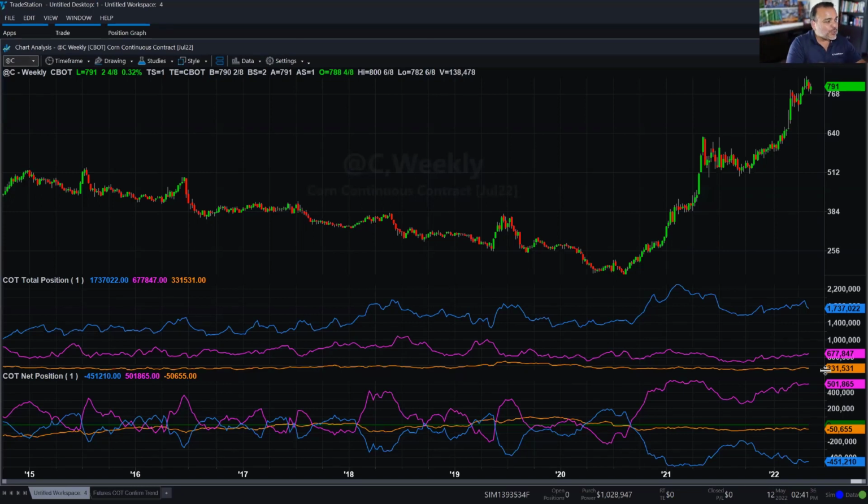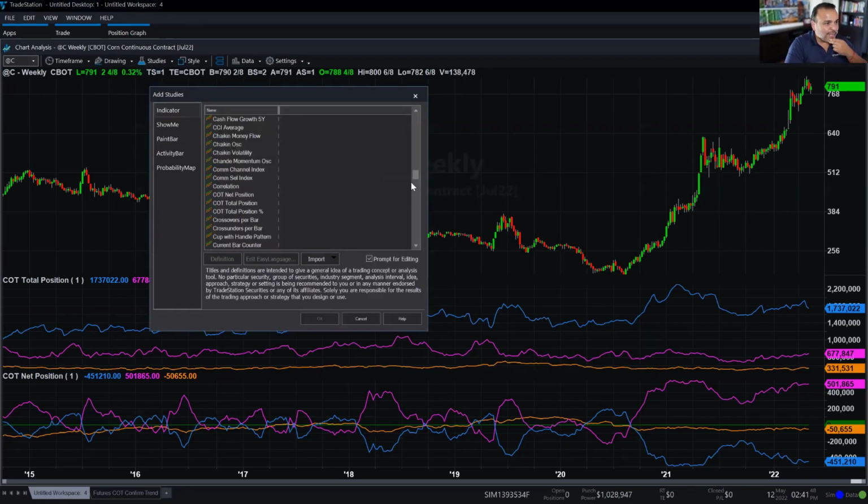That's why in the suite of studies that I shared with everyone here, there is an indicator that calculates this relationship between the net position and their starting point. So I'm going to go here to studies, add study. We titled these ART, for Art, TS for TradeStation. So make sure that you go to the @ sign ARTTS. The one that I'm going to show you is, I think, the one that I shared with everyone.